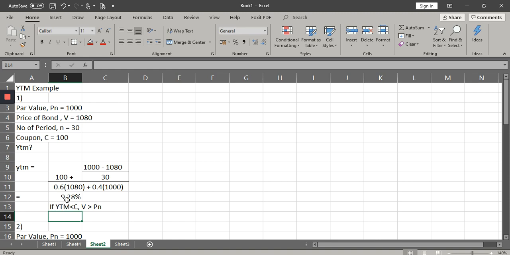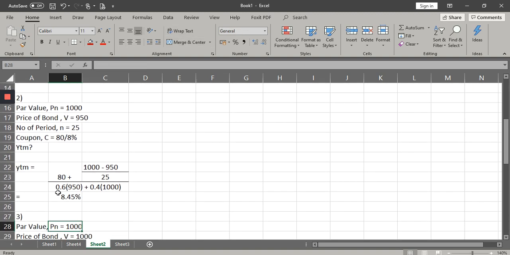See, if your yield to maturity is lower than your coupon rate, your bond price is higher than your par value. Here, if your yield to maturity is 8.45, higher than the coupon, then your bond price, can you guess, will be lower than your par value.